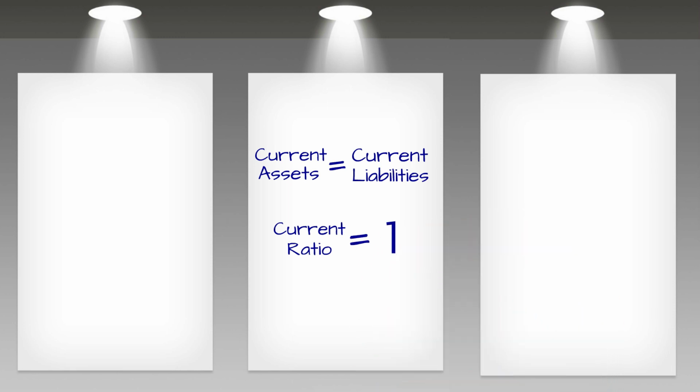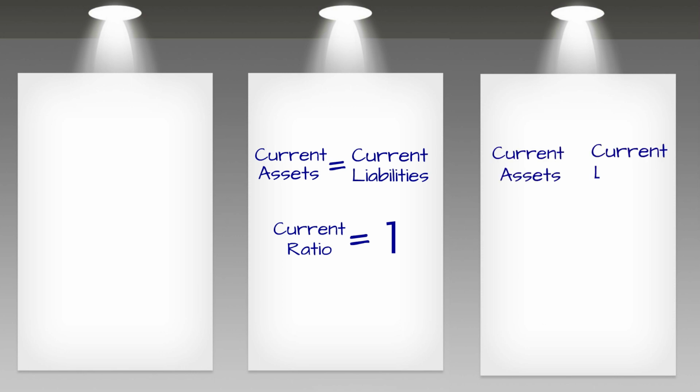Seeing this from another angle, it means that the company has just enough assets to clear its liabilities. We cannot fully say that the company is comfortable as there is no cushion. But anyway, many feel that the current ratio of 1 is good when compared to less than 1.